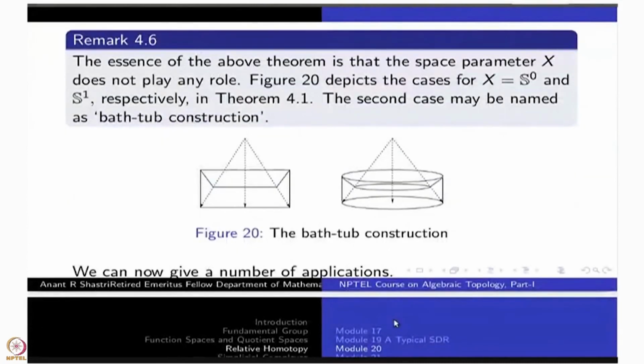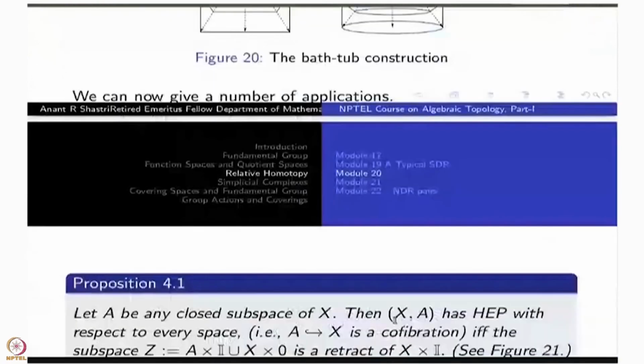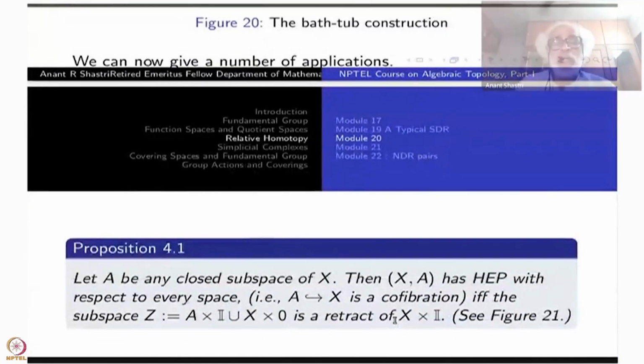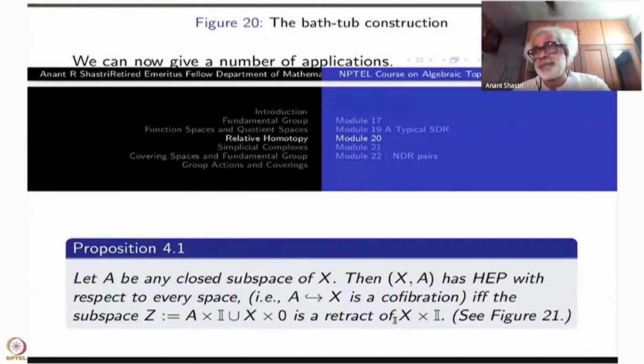There will be a number of applications now, one by one. Let A be any closed subspace of X. Then the pair (X, A) has the homotopy extension property with respect to every space if and only if the subspace A cross I union X cross 0 is a retract of X cross I. What is the meaning of having the homotopy extension property with respect to every space?